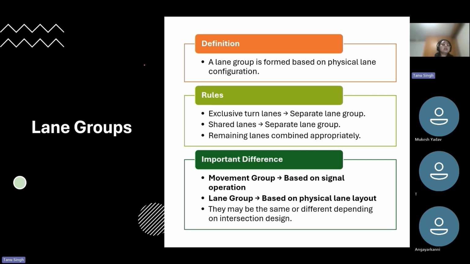So this includes the exclusive turn lanes that are designated as separate lane groups. Shared lanes are also treated as separate lane groups. Sometimes movement groups and lane groups may be the same, but in some cases they are different. So remember that the movement group is based upon the signal operations, whereas the lane group is based upon the physical lane layout. So this is about the movement group and lane group.